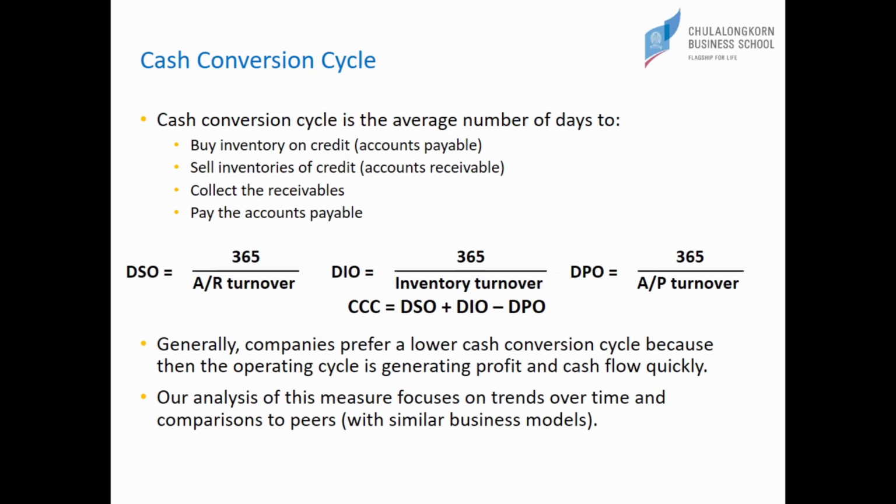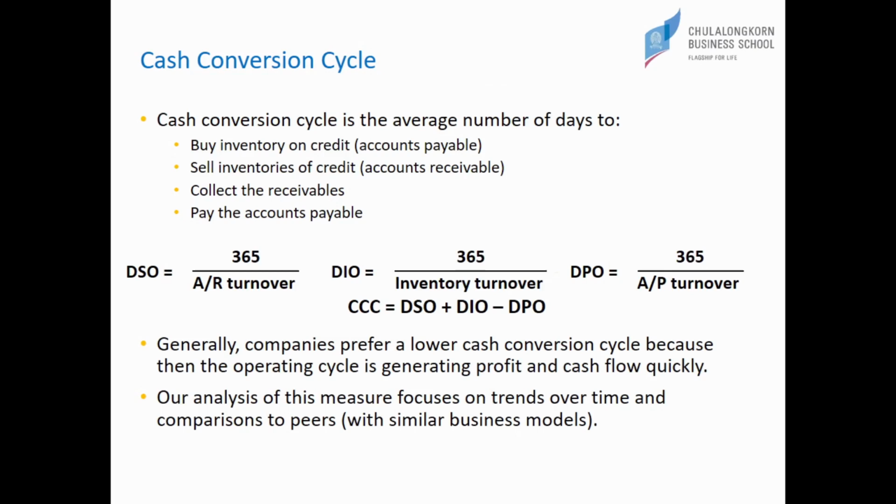So the cash conversion cycle is going to be the sum of the days sales outstanding and days inventory outstanding minus days payable outstanding. So this cash conversion cycle is going to show the average number of days from purchasing inventories or manufacturing this inventory, and then sell it and collect and pay.